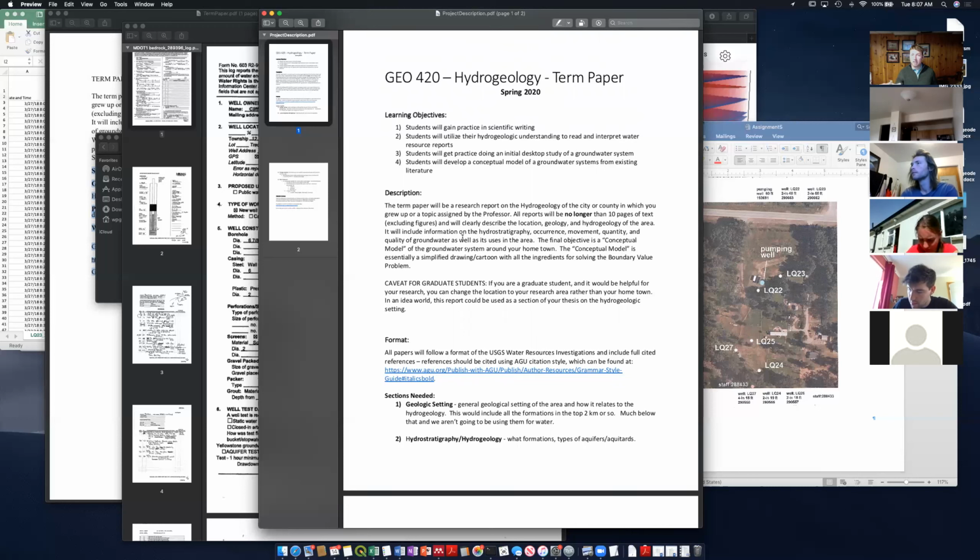What kind of boundary conditions do I have? What is the layering or the stratigraphy? Where are the aquifers? And what are the parameters of those aquifers? So hydraulic conductivity, storativity, porosity, parameters that we need to know for all the aquifers.